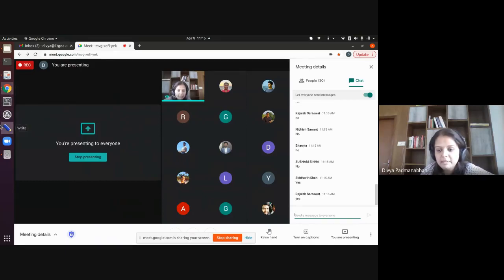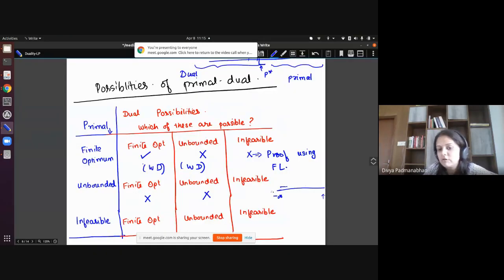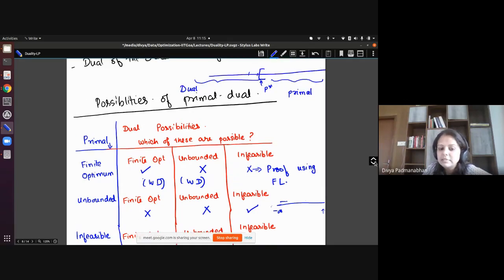Yes, the dual can be infeasible here. You cannot find any point which satisfies the dual. It's as if the lower bound is also negative infinity, and the primal is negative infinity anyway. So this can happen, and in fact, this is the only thing that will happen for this unbounded case.